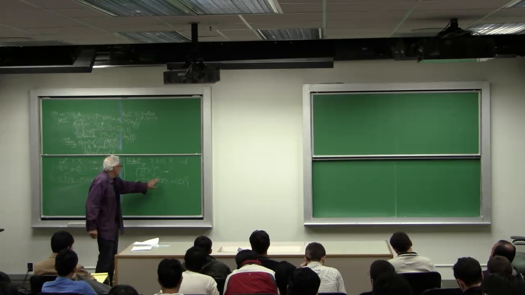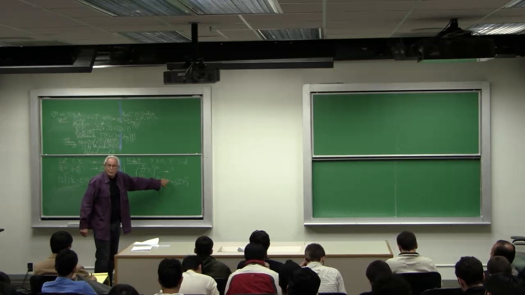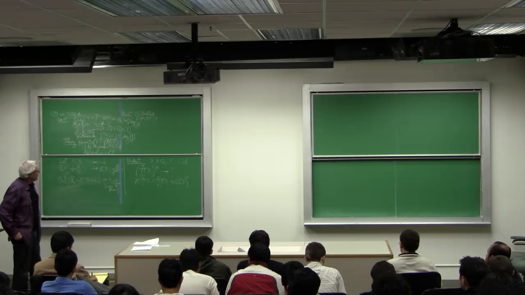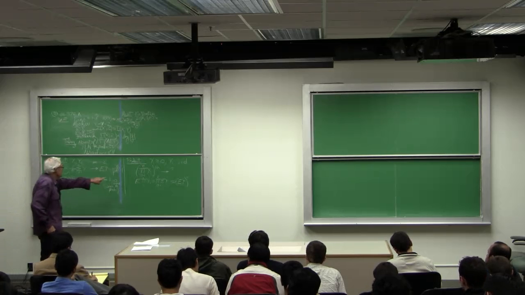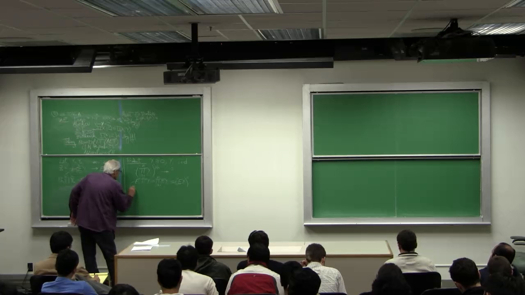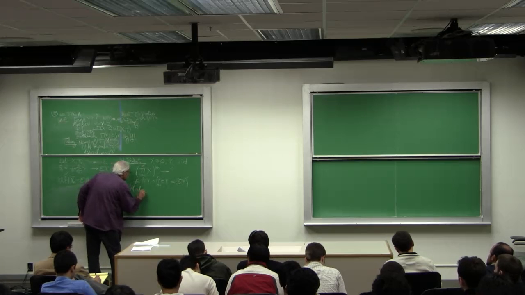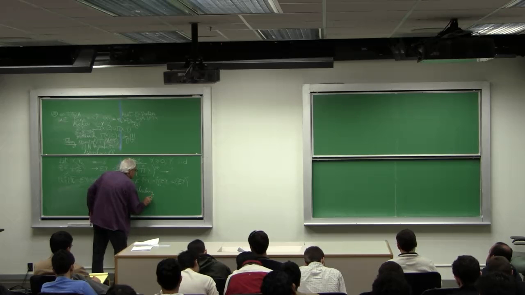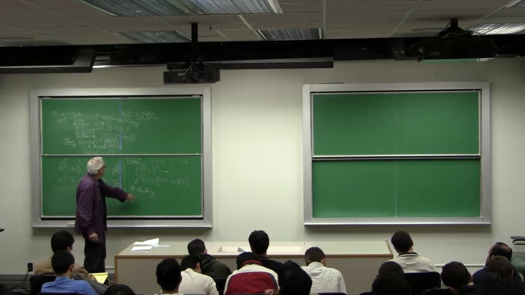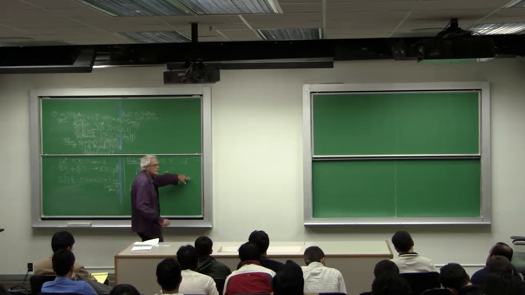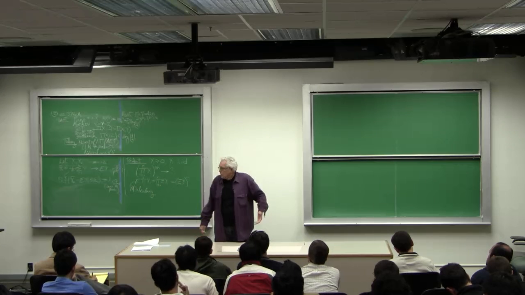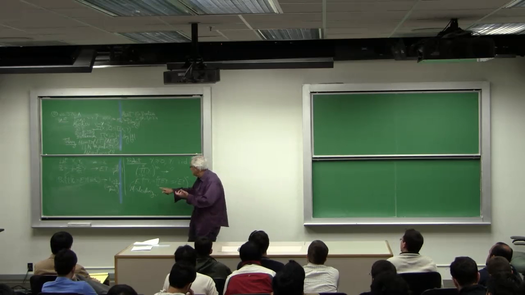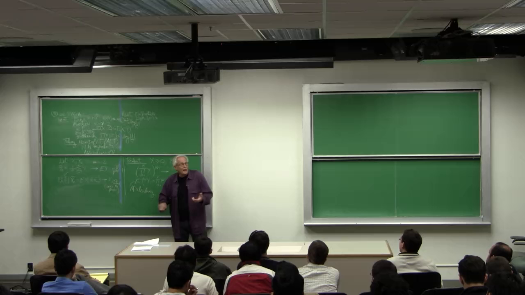See, the expected value of the product of IID, independent random variables, is the product of the expected values. But this is misleading. Because this product is not going to be equal to this with high probability. And in fact, this product behaves like something else.